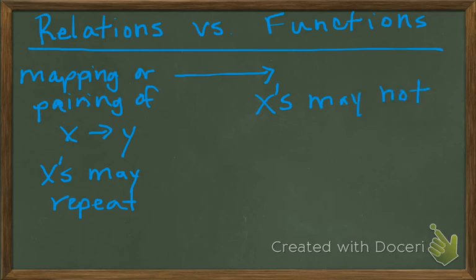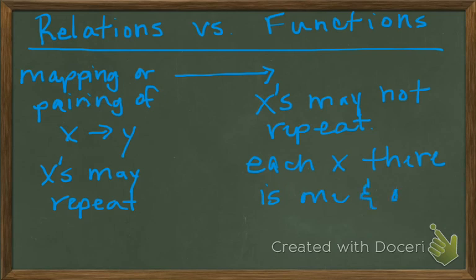And why does this occur? Because for each x, there is one and only one y. There's a specific y for every x.